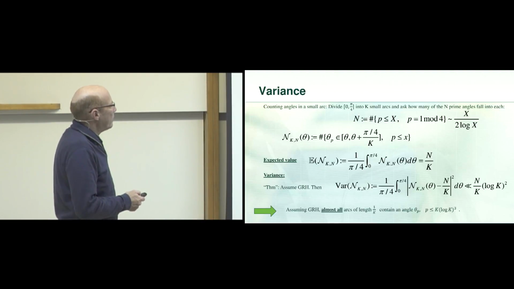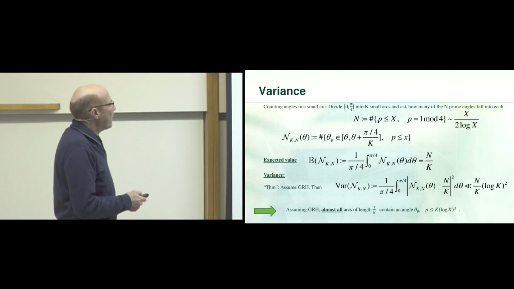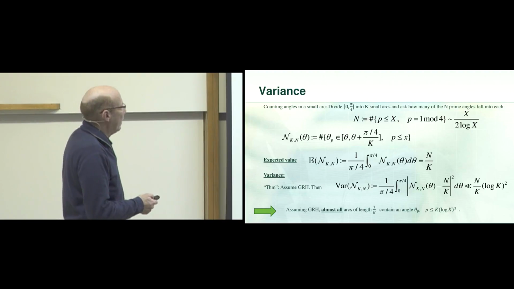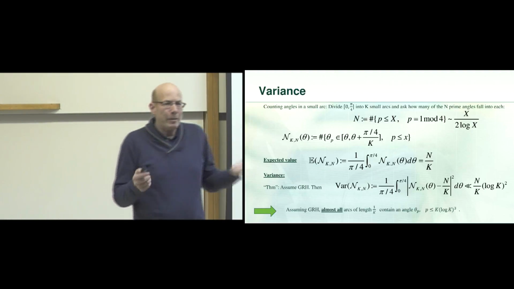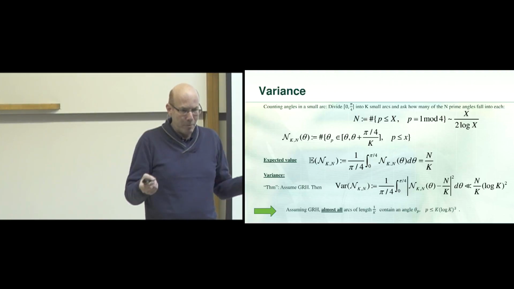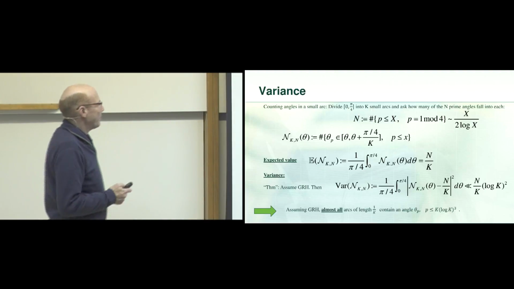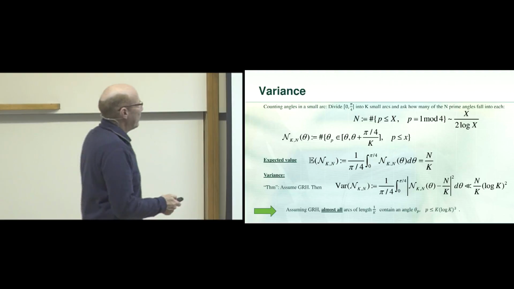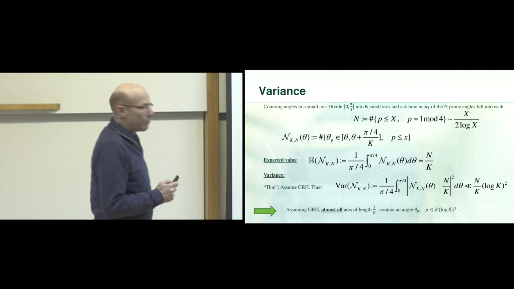I look at an arc around theta of relative length 1 over k and ask how many of these prime angles fall into that, where I ask for the first n primes. By definition, the expected value is the number of primes divided by the number of arcs. It's a tautology. I'm not saying anything exciting here. So this is capital N, number of primes, divided by the number of arcs, the number of bins.